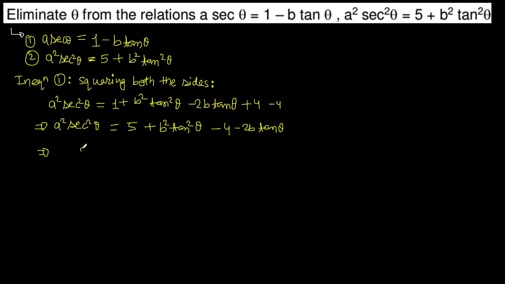So simply we can say that 2b tan theta equal to minus 4. We can say b tan theta is equal to minus 2.